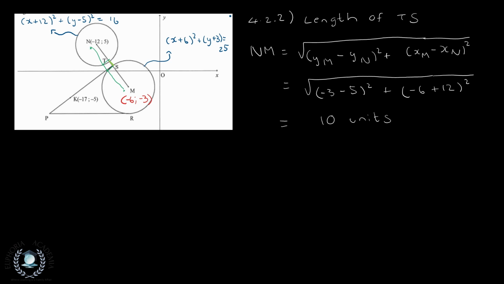So we have the full distance of NM, and then what we need to do is subtract the radii from this 10 to find that small gap TS.